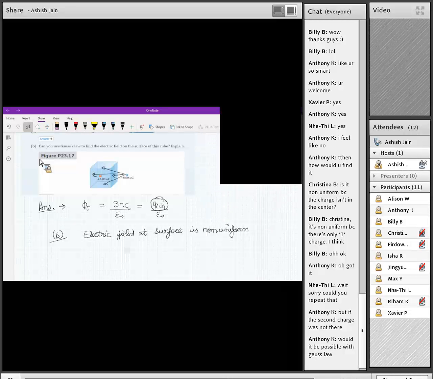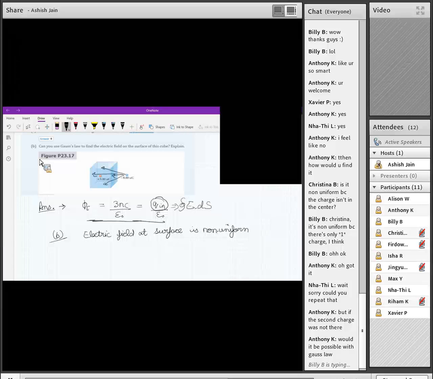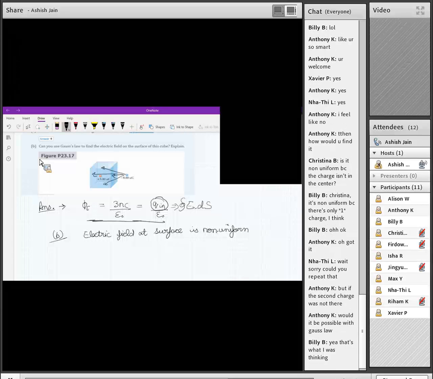Definitely it is possible if the other charge is not there, then it's possible to use the Gauss law. We just applied it here, and then this is equal to E dot ds. But we have to find the electric field due to another charge that is here.